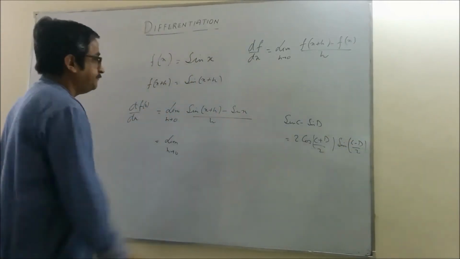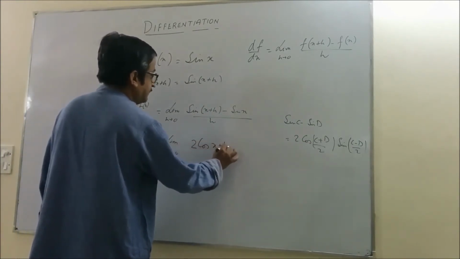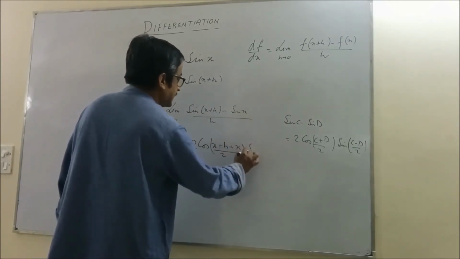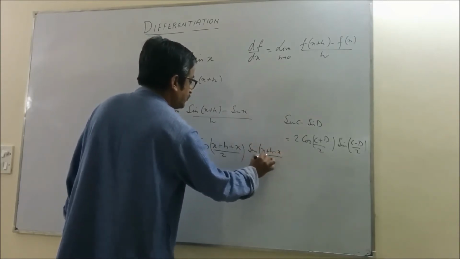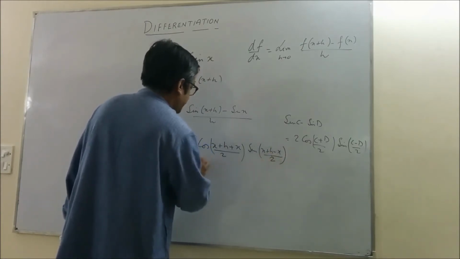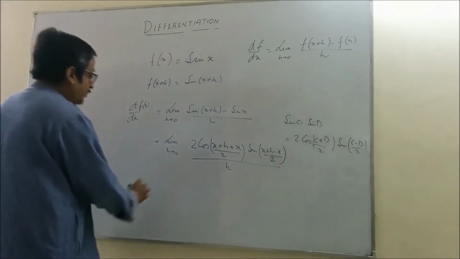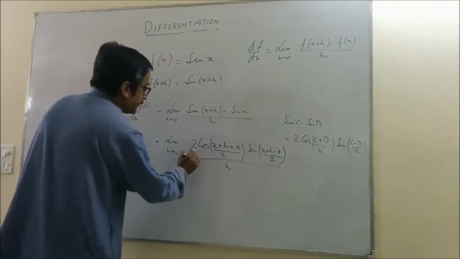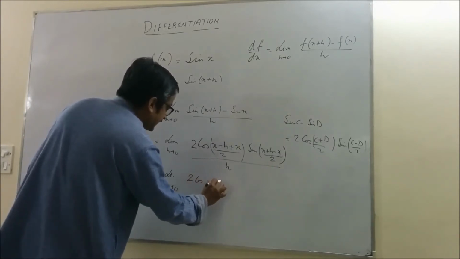Use this over here. So I get 2 cos (c plus d)/2 sin (c minus d)/2 divided by h, which gives me 2 cos (x plus h)/2.